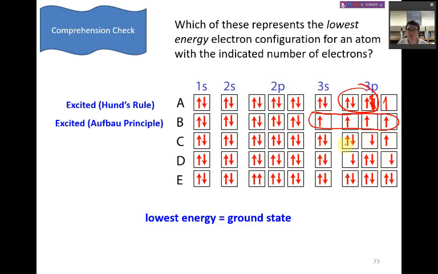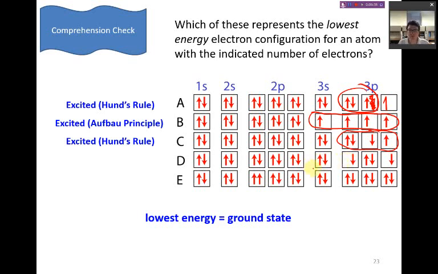The third one, you can see that the third one here is fine, and it even has just one double filled and then some single filled. However, look here, we have a violation of Hund's rule because we did not have electrons all in the same direction spin before starting in the new direction. So we have 2 up and 2 down when there should be either 3 up and 1 down or 3 down and 1 up.